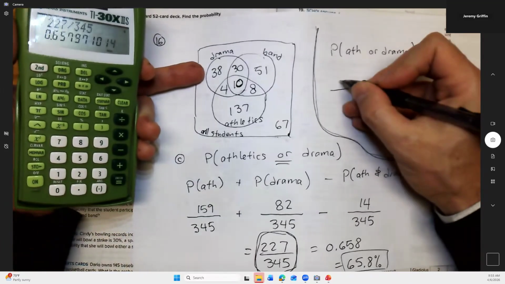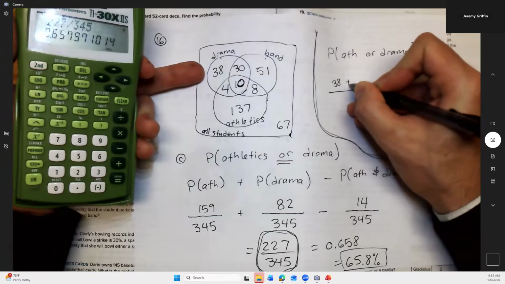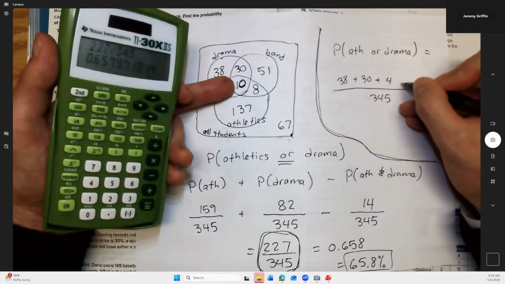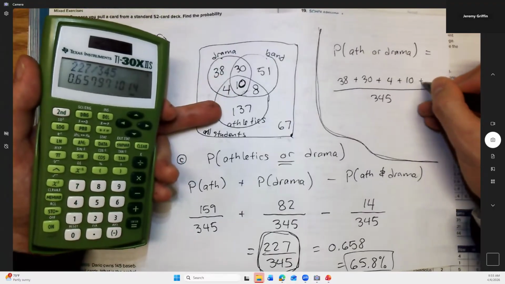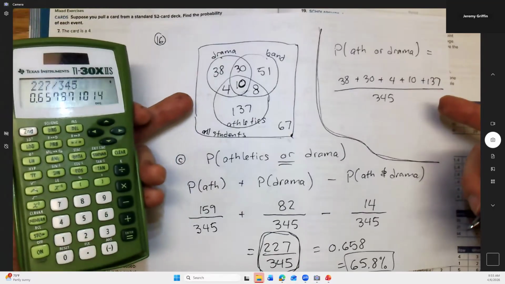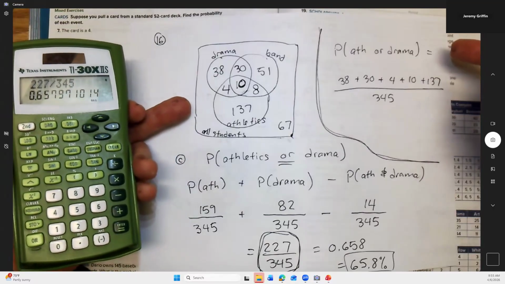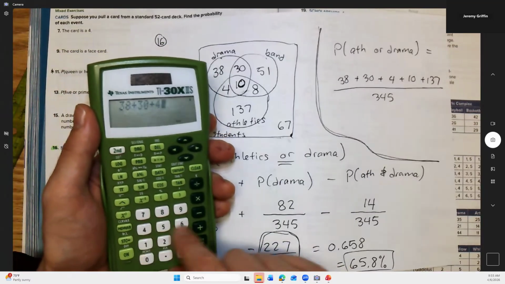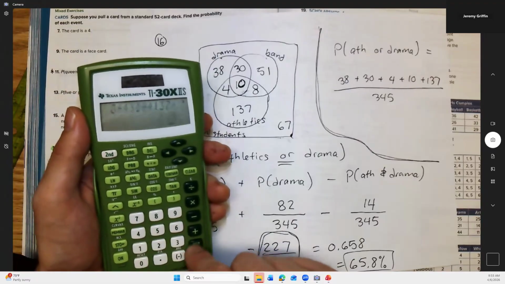So I got these 38 students here. I got these 30 students here. I got these 4. I got these 10. I got these 137. Aren't those the 5 wedges that can be relevant to this or this? You see that? Okay. All right, let's see what this adds up to. It's 38, 30, 4, 10, and 137.